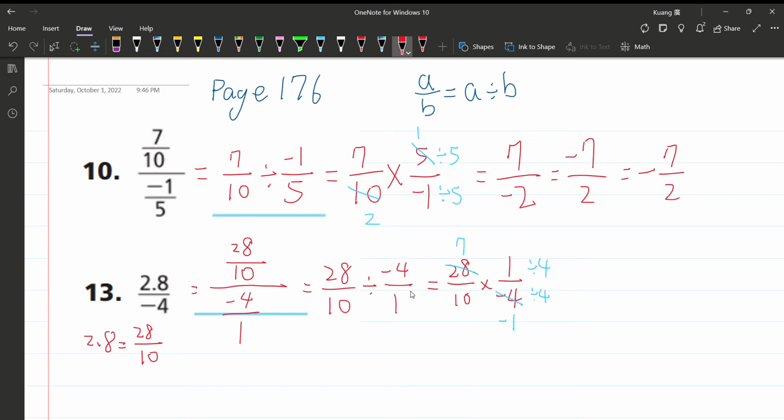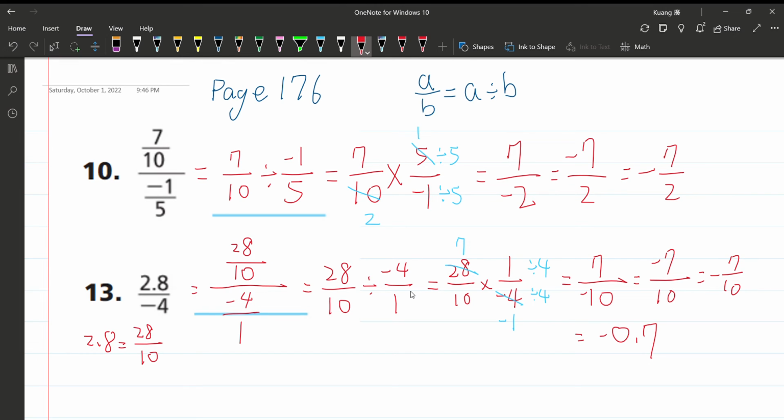So the numerator is 7 times 1, which is 7. And the bottom is 10 times negative 1, which is negative 10. Okay, so it equals negative 7 over 10, or negative 0.7.